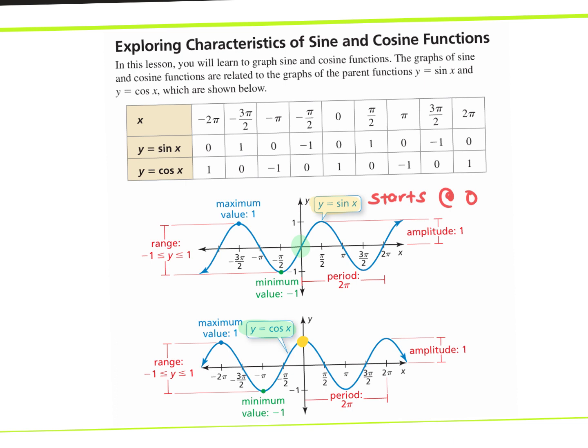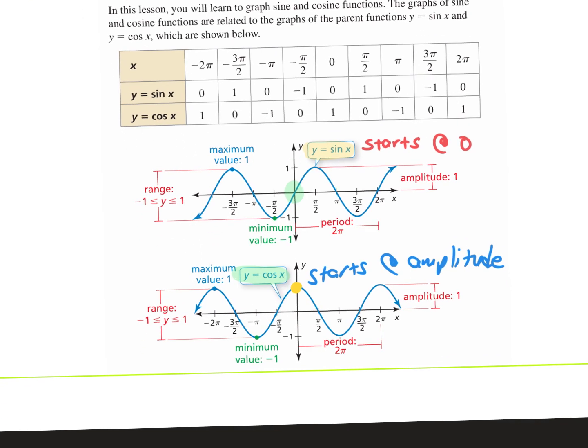But we're going to say that cosine starts, and we're going to talk about what this word means in a second, at the amplitude. We'll talk about some vocab here in a minute. There's 3 really important things that we're going to have to figure out. But your sine starts at 0. Your cosine is going to start at the amplitude. Okay? Everybody with me on that?